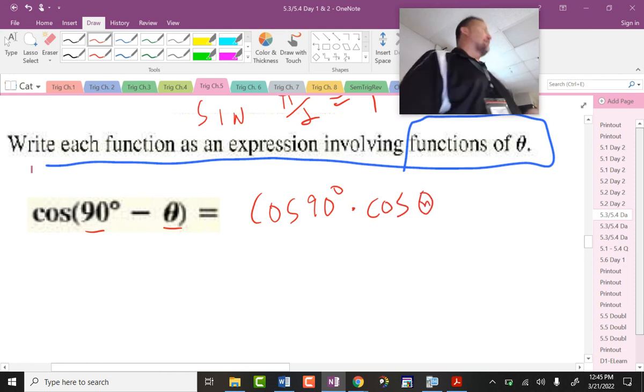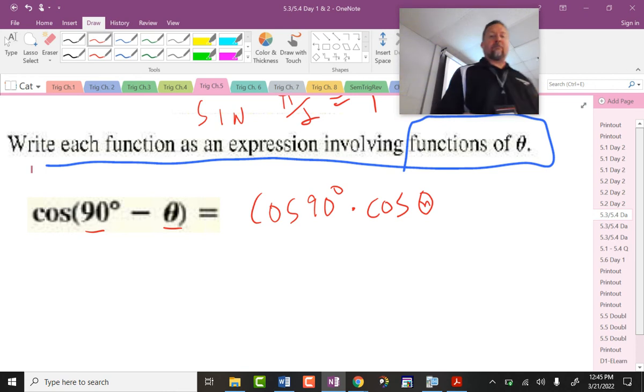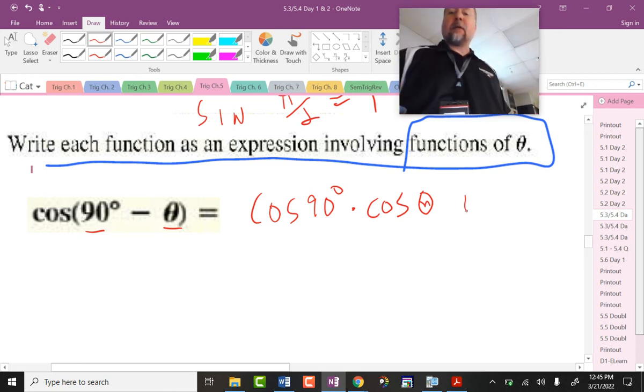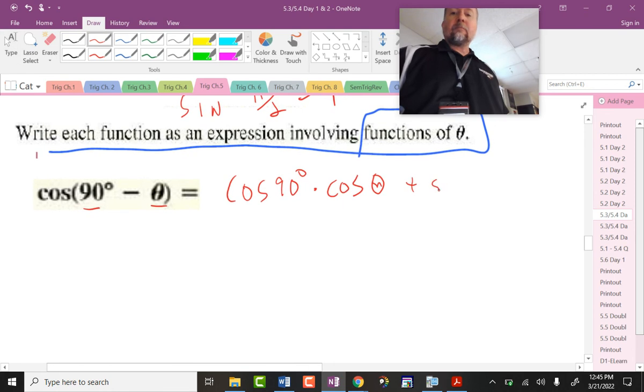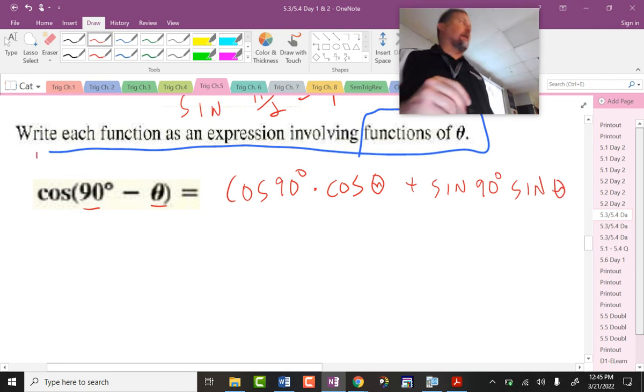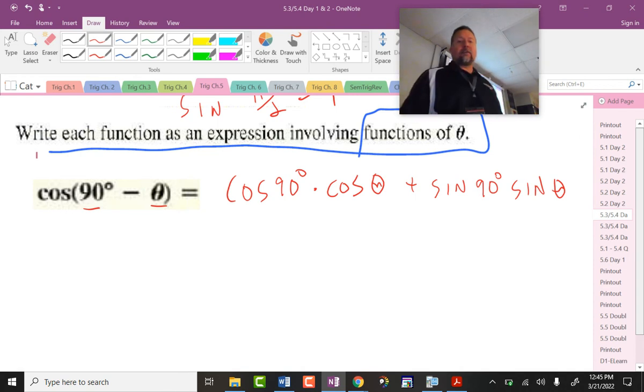And then what's next? Is it plus or minus? What's the formula say? Plus, and then what do I write? Tell me what to write. You be my pen here. And then what else? Okay, so this is what they're having you do, and then through this sum or difference rule, we can come up with that co-function idea.